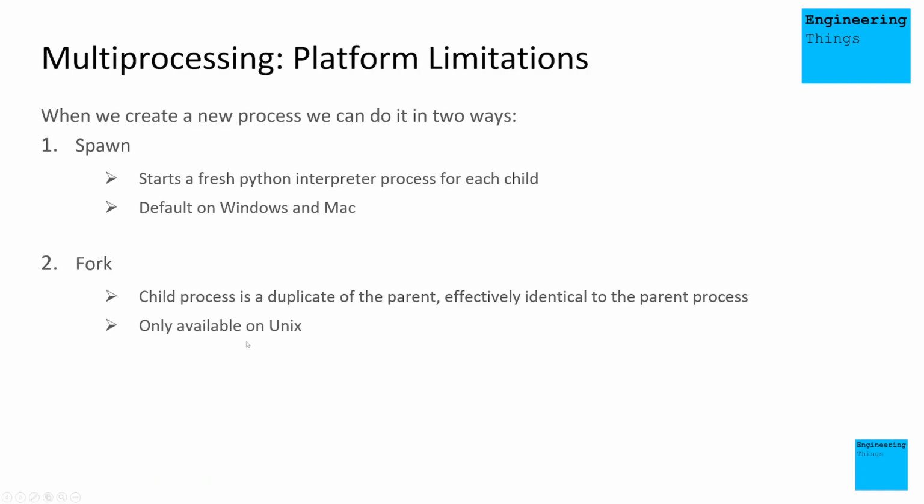Now, there are a couple of drawbacks to multiprocessing in Python. So one of the main, most relevant points here are the different ways in which multiprocessing functions depending on the platform you're on. So if we have Windows or Mac, the way in which these sub-processes are created is using something called spawn.